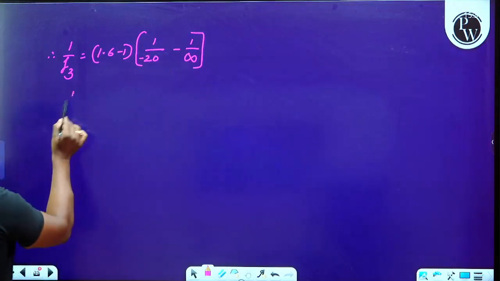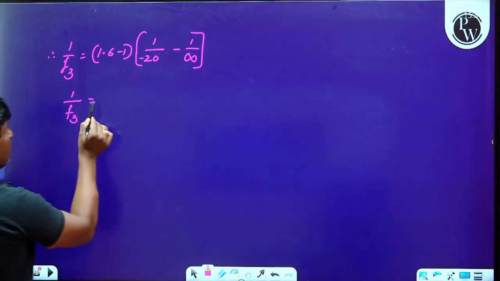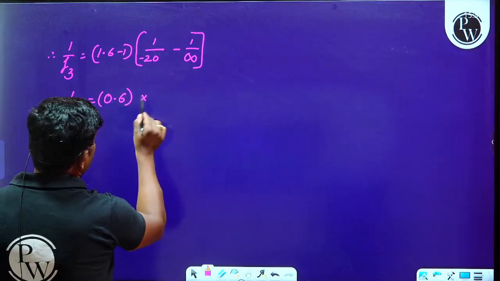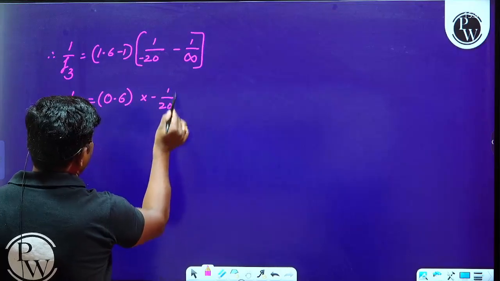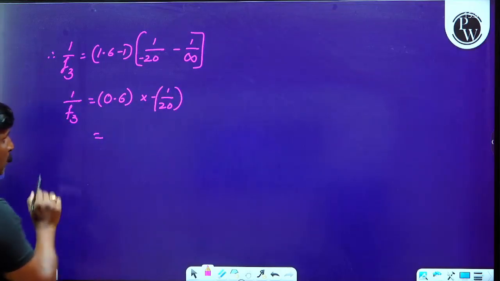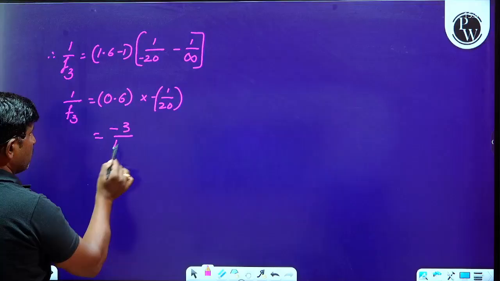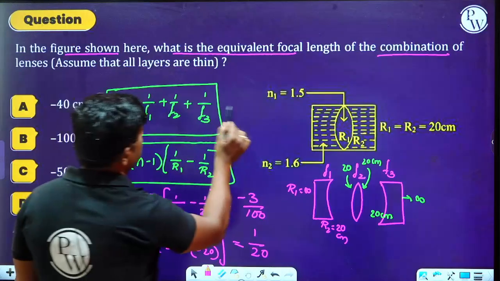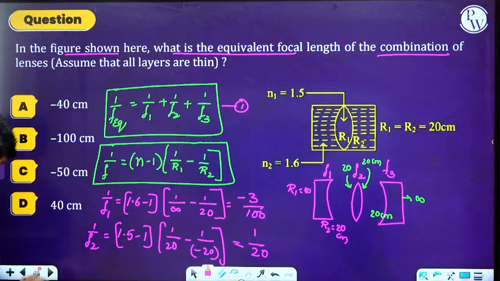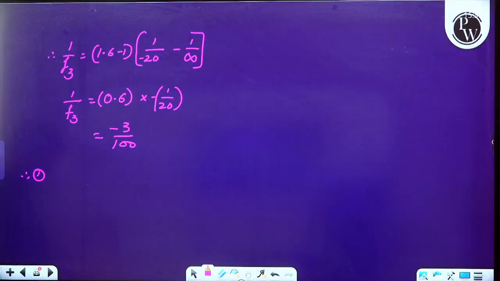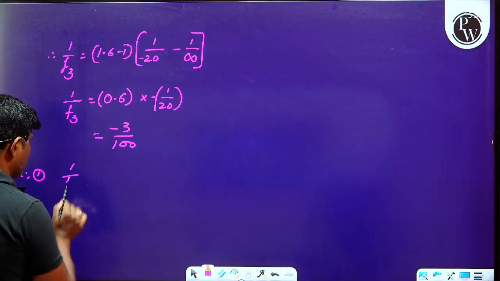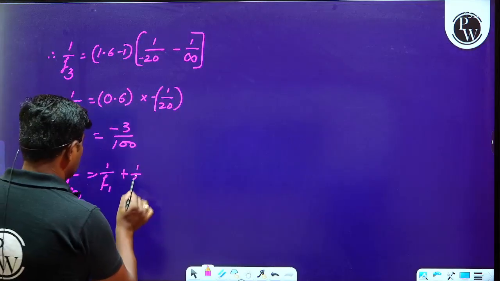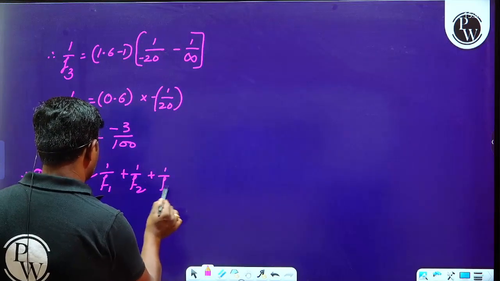Whenever we do simplification here, 1 by f3 is equal to 0.6 into minus 1 by 20, and again you will get minus 3 by 100. Therefore, let us say this is equation 1. Equation 1 implies 1 by f equivalent is equal to 1 by f1 plus 1 by f2 plus 1 by f3.